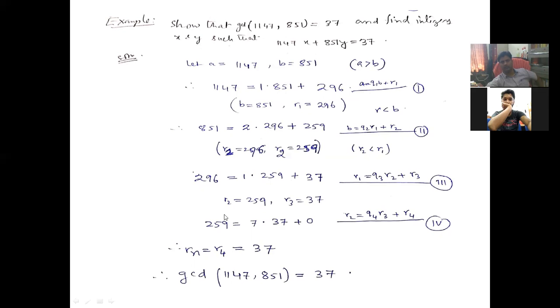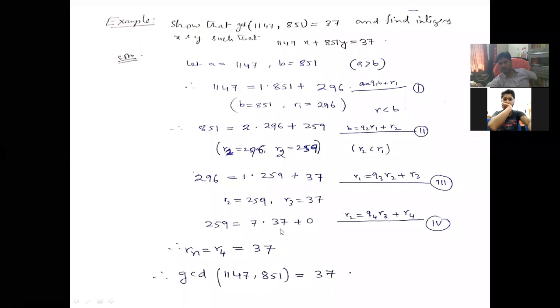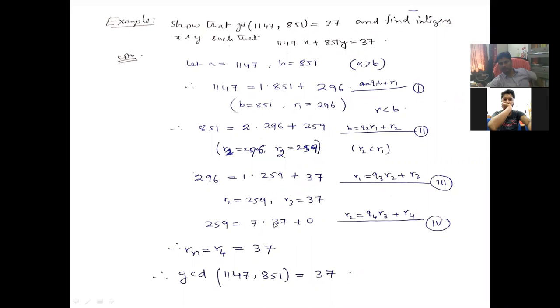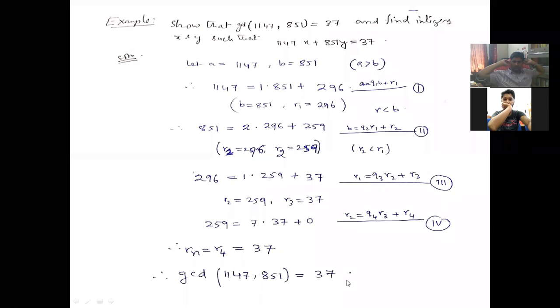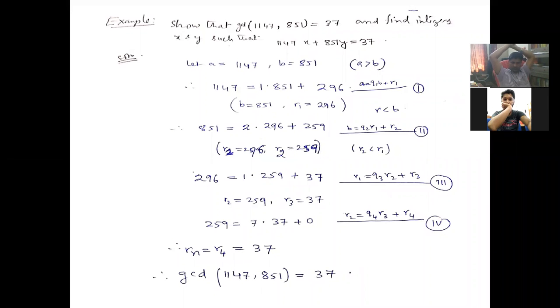And 259 equals 7 into 37 plus 0. Where the 0 comes, the number before it is the GCD. So Rn equals R4 equals 37. Therefore the GCD of these two numbers equals 37. Where it divides completely and you have no remainder left, therefore Rn equals R4 equals 37.